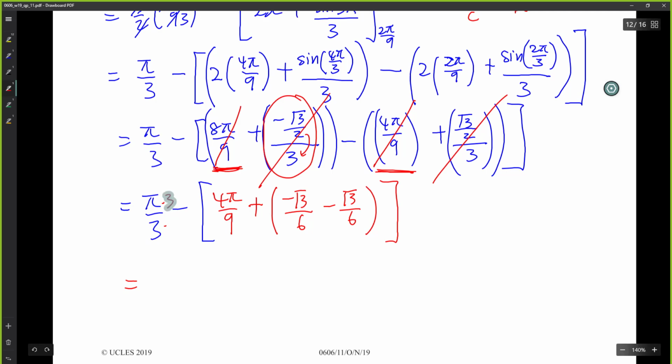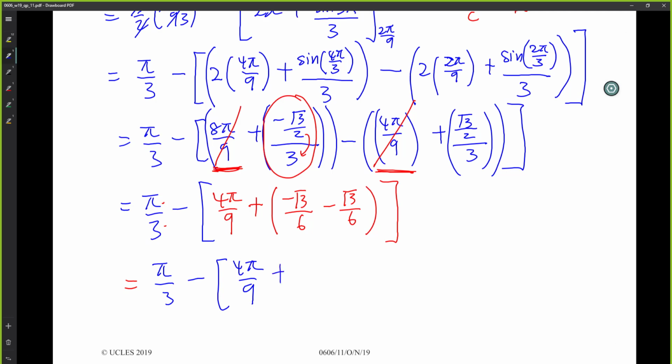So pi over 3 minus 4 pi over 9 cannot cancel it out. Alright, so this one will be plus, it's minus, sorry, minus 2 third 3 over 6. Because minus and minus, like minus 2 minus 3, we get minus 5, right? Or minus 2 minus 2, the same one, you get negative 4, right? You cannot cancel it out.